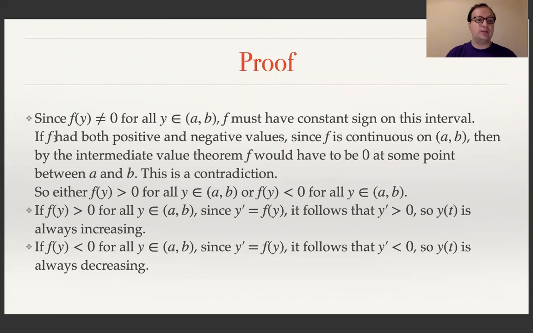If f had both positive and negative values within this interval, then again, since f is continuous on the interval AB, by the intermediate value theorem, if f were both positive at some point and negative at some other point, f would have to be zero at some point in between. And this point would be in the interval AB as well. And this is a contradiction because we assume that there is no equilibrium between A and B, that A and B are successive equilibrium points.